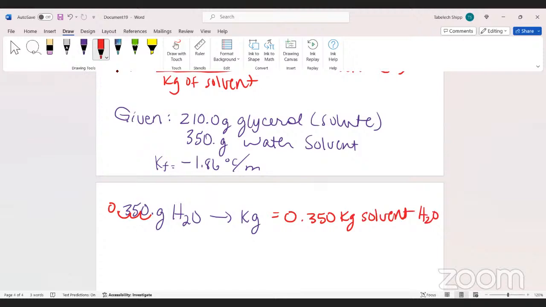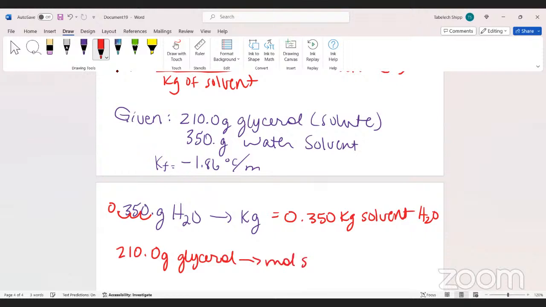Now, the next thing you're going to have to do, you're going to take that 210.0 grams of glycerol, and you're going to have to convert that to a mole. Because remember, when you're dealing with molality, you have to put your answer in moles. So we're going to have to convert the 210 grams of glycerol to a mole.